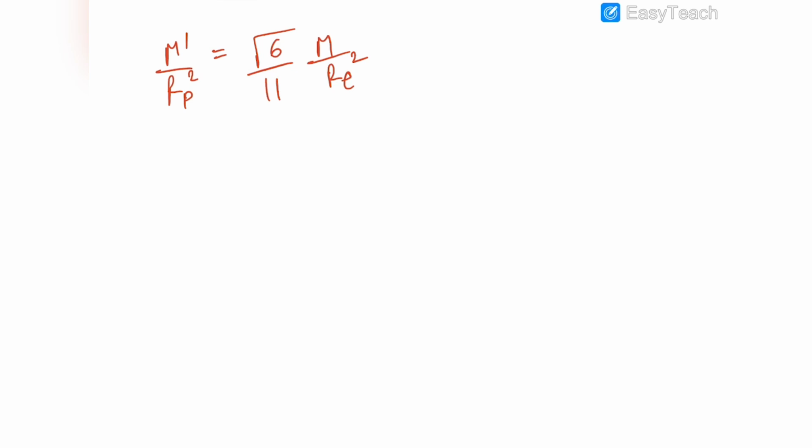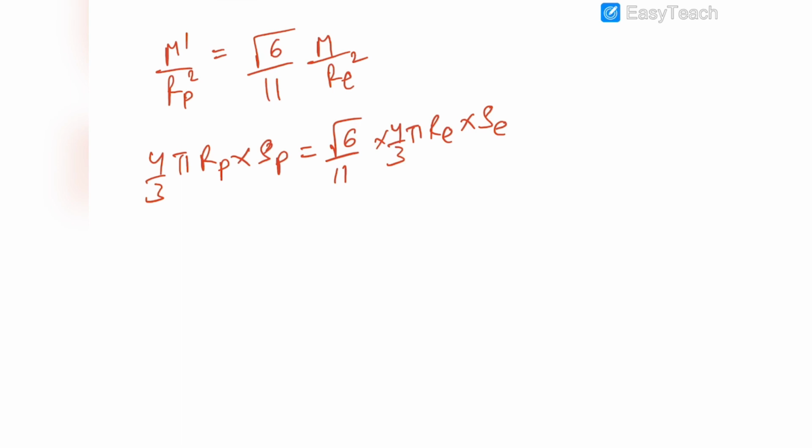Now m can be written as density into volume. So you can see that 4 by 3 pi Rp into density of that planet rho p, and this is root 6 upon 11 into 4 by 3 pi Re into density of Earth, cancelling 4 by 3 with 4 by 3.